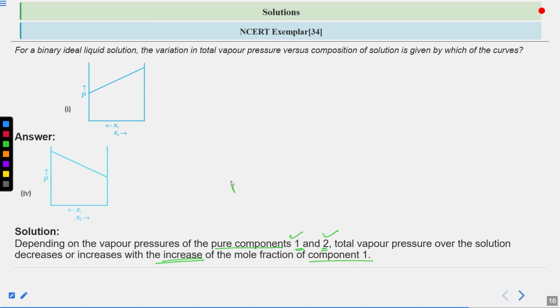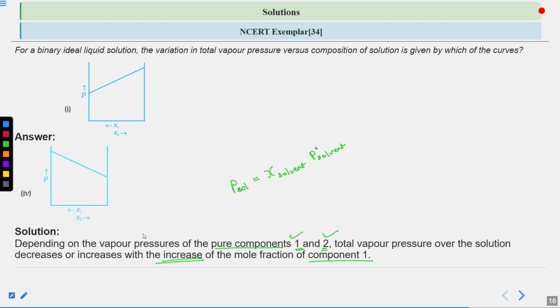Because the total vapor pressure of the solution is defined as the mole fraction of the solvent times the vapor pressure of pure solvent, P naught solvent.